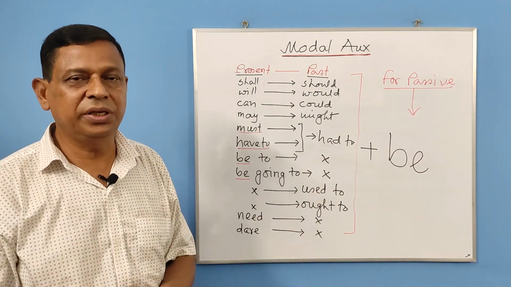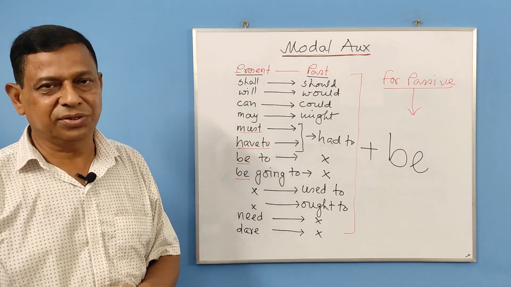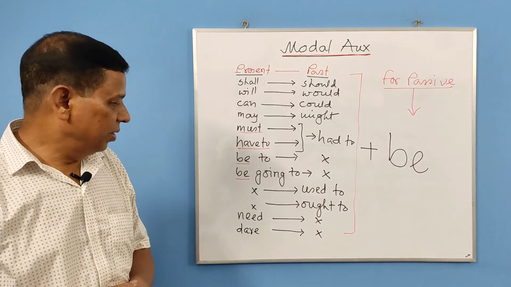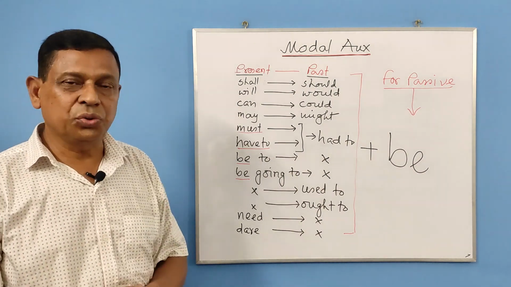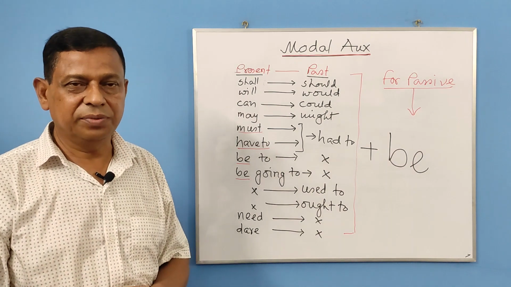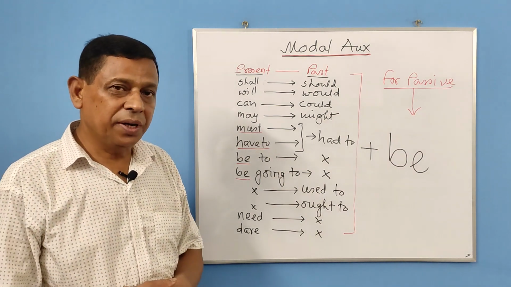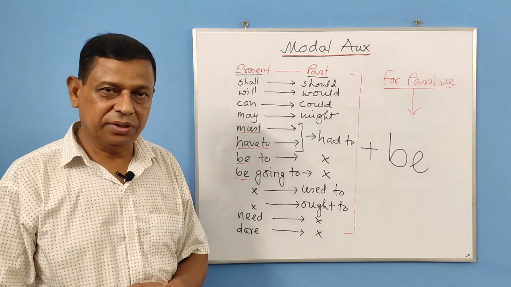I use to, he use to. This is a totally wrong sentence. In the same way, ought to in Bangla is uchit. Used to, obhyash; ought to, uchit.